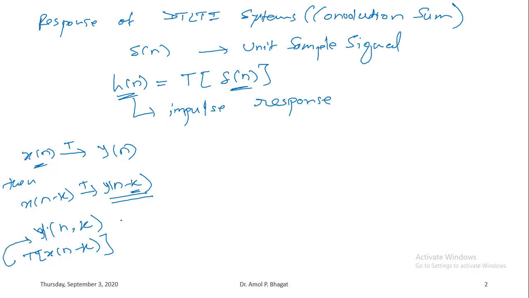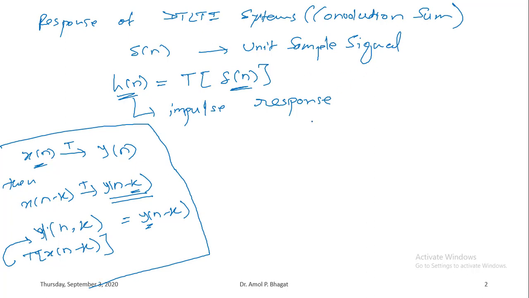If it is equal to the directly delayed version of the output, y of n minus k, then the system is time invariant. These things were already discussed when we saw the classification of systems.